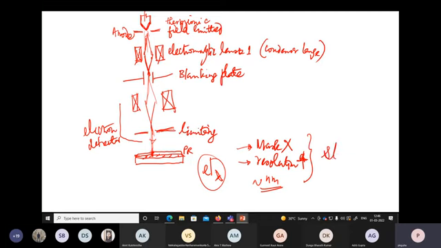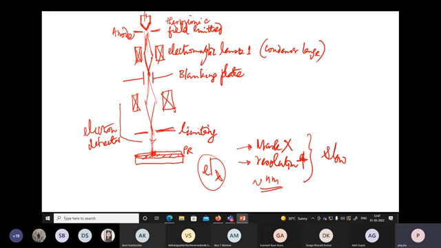What is the downside? The downside is it is a very slow technique because it will write at a particular place, then the electron beam moves, you write another place, then the electron beam moves, you write another place. It is not like the UV photolithography technique where on a single exposure within a few seconds you will be able to write on the entire substrate, because there is a masking layer.